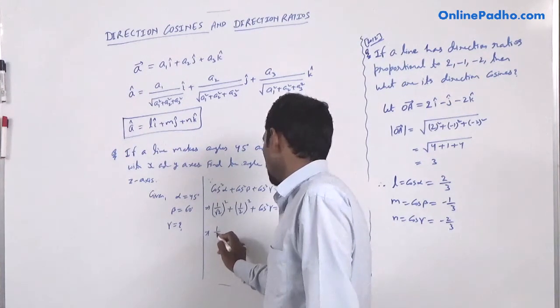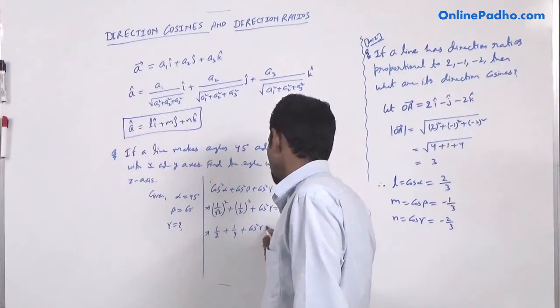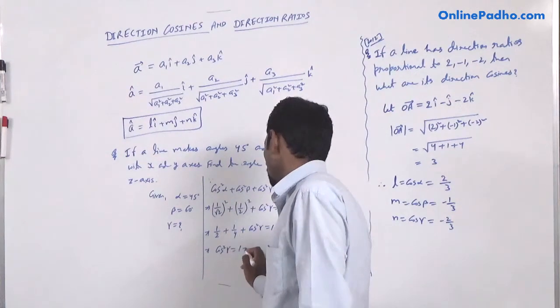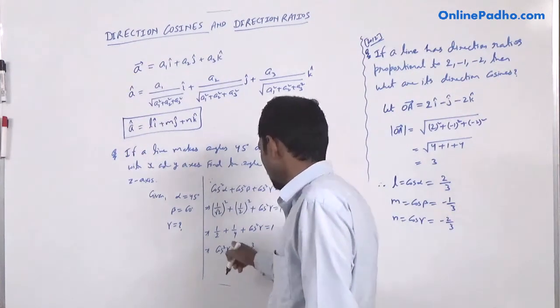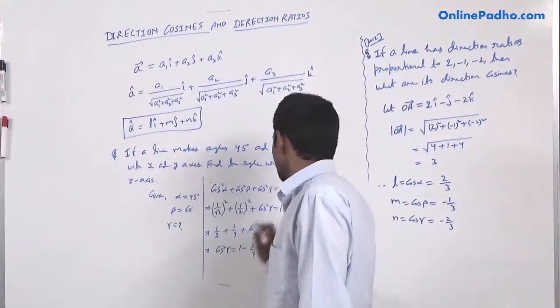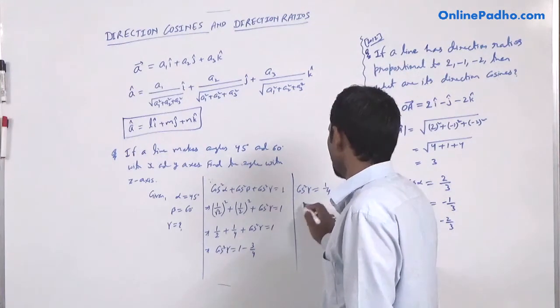So it will be 1 by 2 plus 1 by 4 plus cos square gamma is equal to 1. So cos square gamma equal to 1 minus 3 by 4. I think 1 by 2 plus 1 by 4 will be 3 by 4. So cos square gamma can be written as 1 by 4.